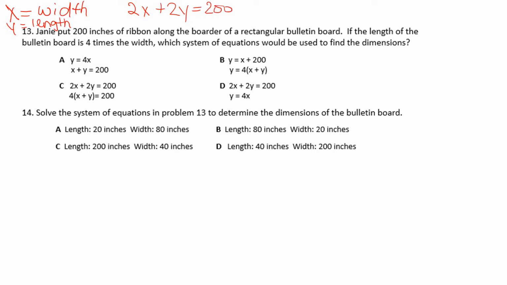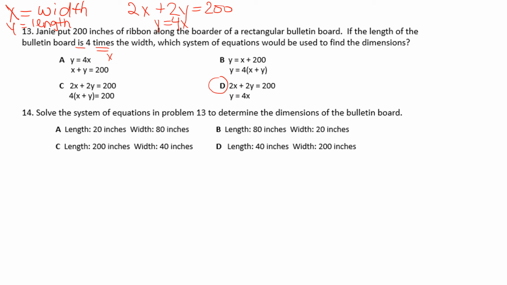Then it says that my length is 4 times the width. 4 times is multiplication. So my length is the y equals 4x. So then you want to find the answer that matches the equation that we just created, and that would be letter D.